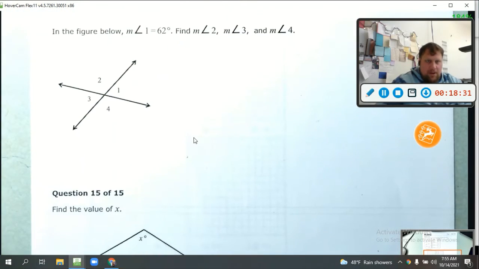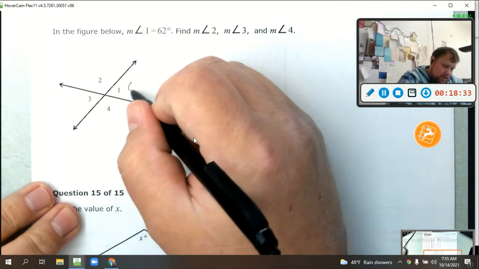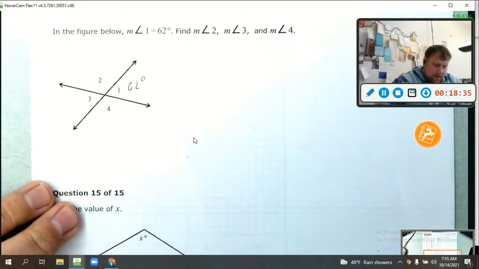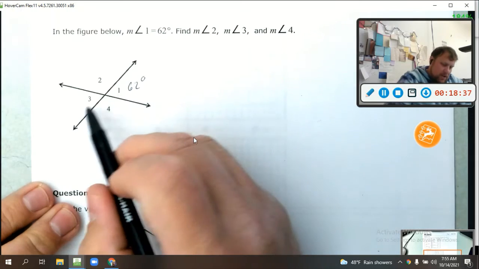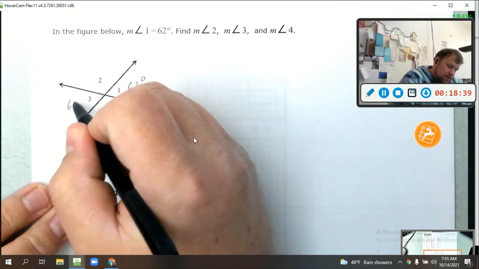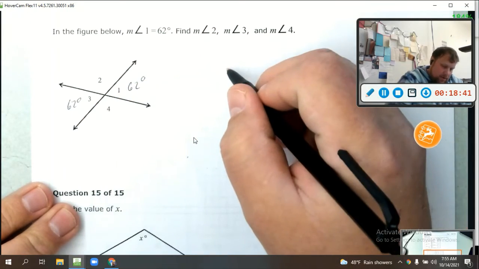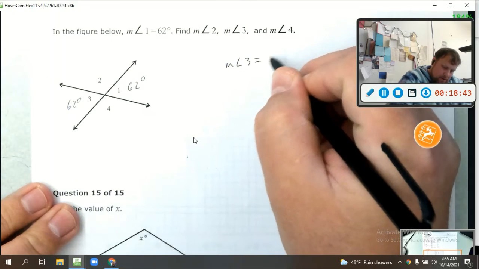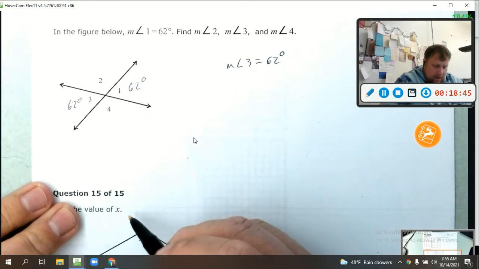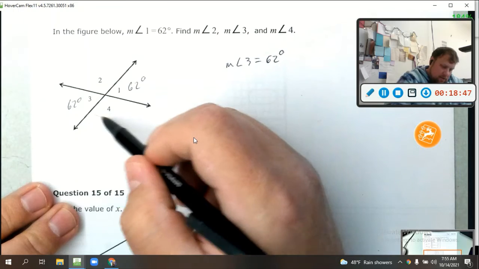In the figure below, the measure of angle 1 equals 62 degrees. Find the rest of them. Well, vertical angles tell me these are equal, right? So this is 62 degrees. So we know measure of angle 3. And these form a straight line, right?